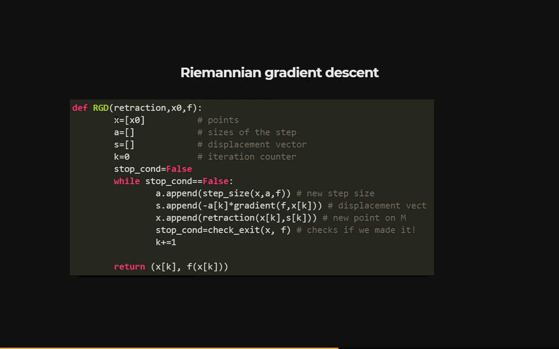So we produce a sequence of points starting from x0. We initialize some stuff like the sizes of the step, the displacement vector, the iteration counter, a lot of things. And we have a stop condition. Now, while the stopping condition is false, we do the following. We compute a step size.